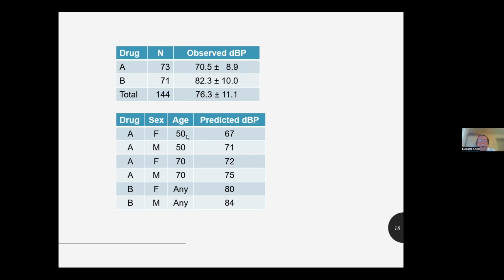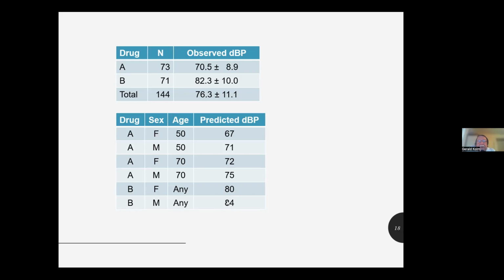So for example, if we have patients age 50, then there's a difference between males and females. You can see the males have a higher value for blood pressure. If we increase age to 70, you see that we have higher blood pressures related to age, but about the same difference between males and females. But for drug group B, regardless of age, the average predicted blood pressure for females is 80.